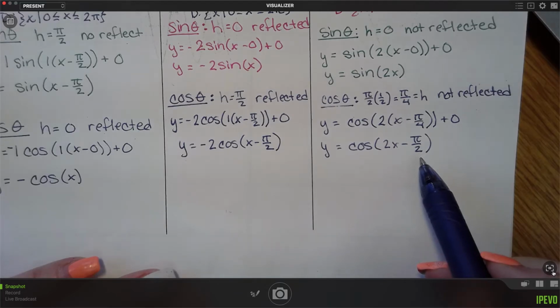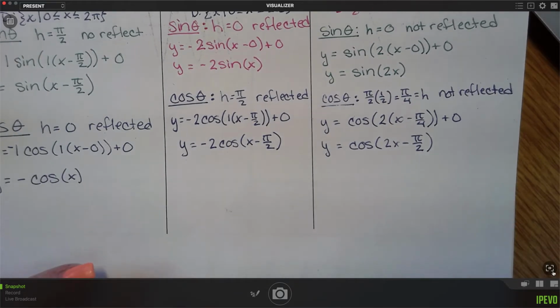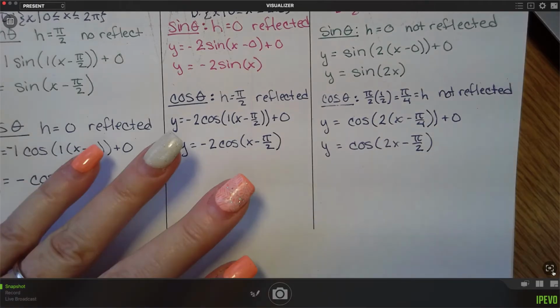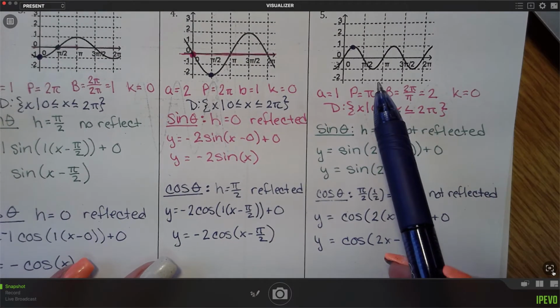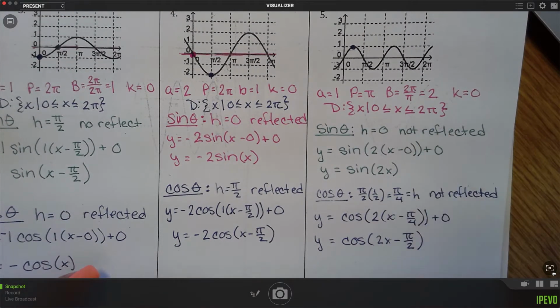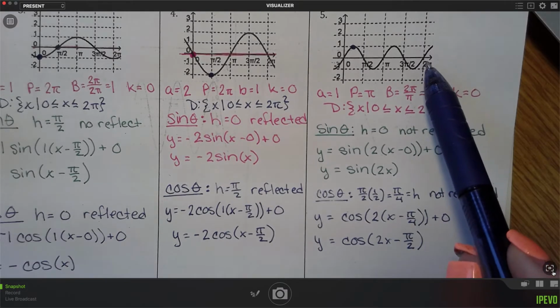So this will help us with our factoring. Some of us were struggling with our factoring, so hopefully multiplying it in will help us see that relationship. I would do the domain right after you do everything else that's the same so you don't forget about it. X such that 0 is less than or equal to x less than or equal to 2 pi.